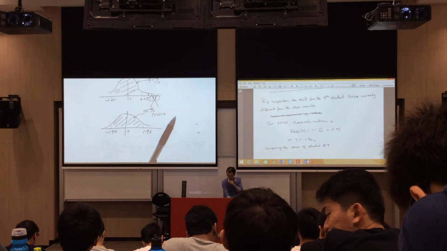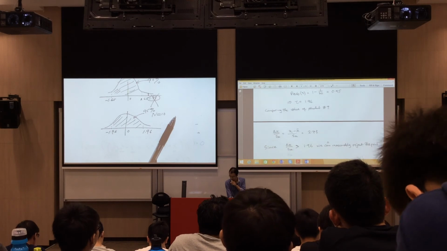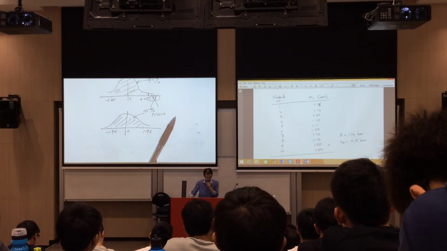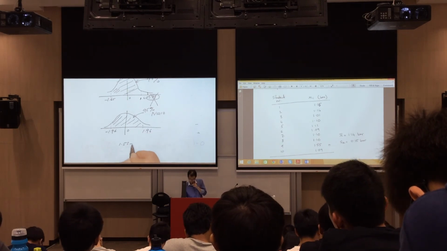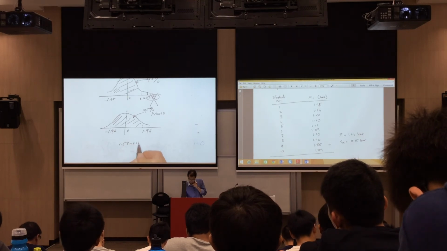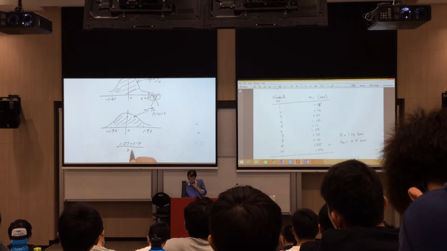So let's look at the normalized deviation for this 1.55. If you normalize, it will be 1.55 minus 1.14, which is the mean value, divided by your standard deviation 0.15.